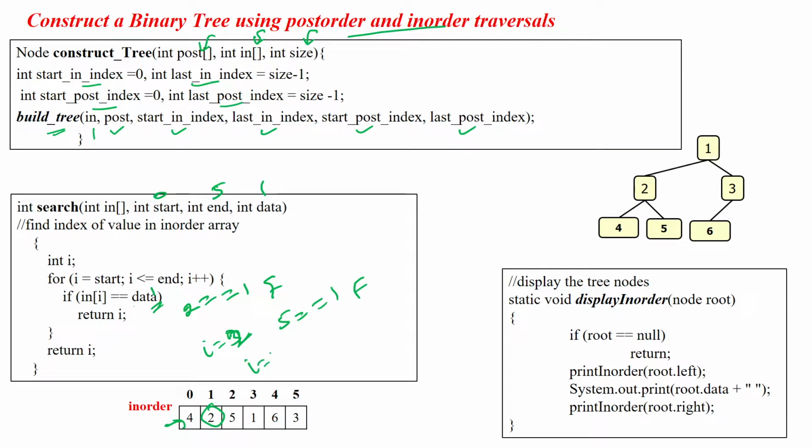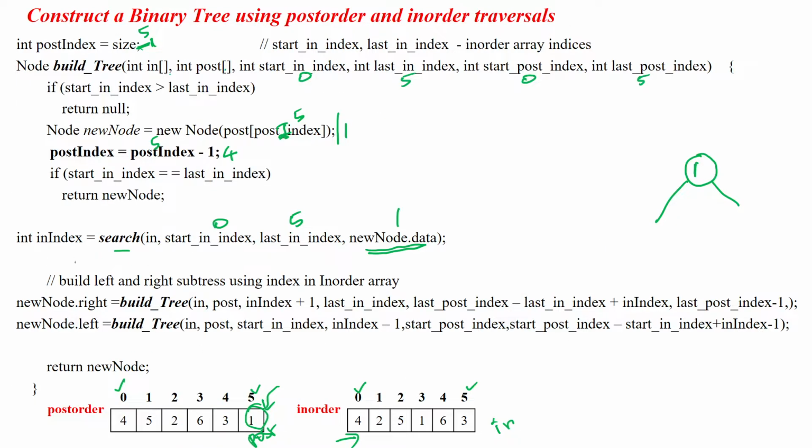Then iteration number 3, it is 1, so 1 equal to 1, which is true, which is matching. Now we are returning the index value to this variable. Now we have returned that.